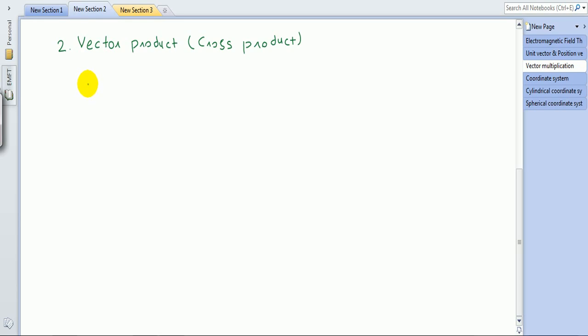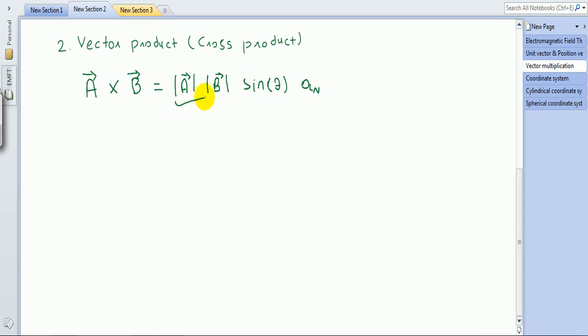It is defined as: if we multiply two vectors, a vector cross b vector, the result is the magnitude of a multiplied with the magnitude of b into the sine of the angle between them, and as it is a vector product, its result is a vector quantity.